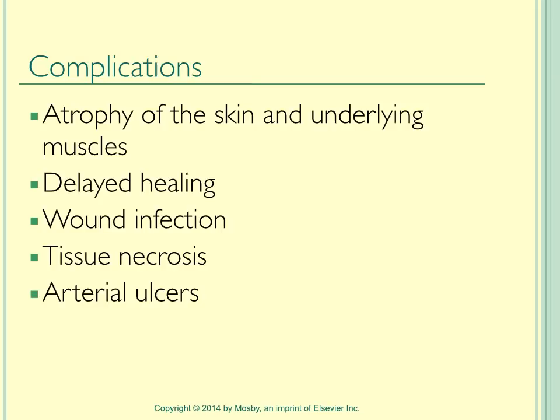He can go through atrophy of the skin and underlying muscles. If there is a wound or any injury, there'll be a delay in healing. There can be a wound infection. There can be tissue necrosis. Necrosis, what? Dead tissue. There can be arterial ulcers. So all this can be the complications related with peripheral arterial disease.